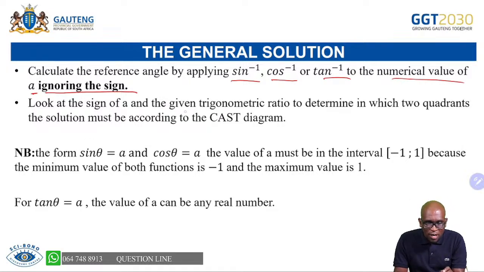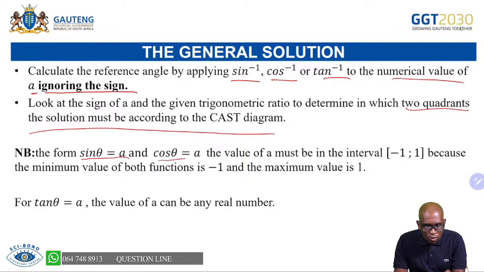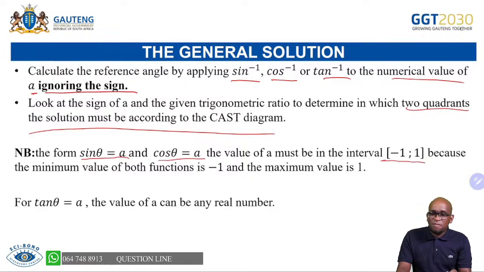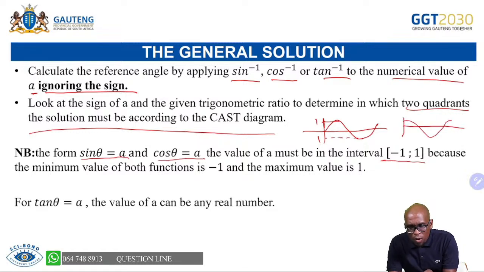Look at the sign of A in the given trigonometric ratio and determine which two quadrants the solution must lie in according to the CAST diagram. For the forms sine theta equals A and cos theta equals A, the value must be in the interval -1 to 1, because the sine function has an amplitude of 1, so its range is between -1 and 1.